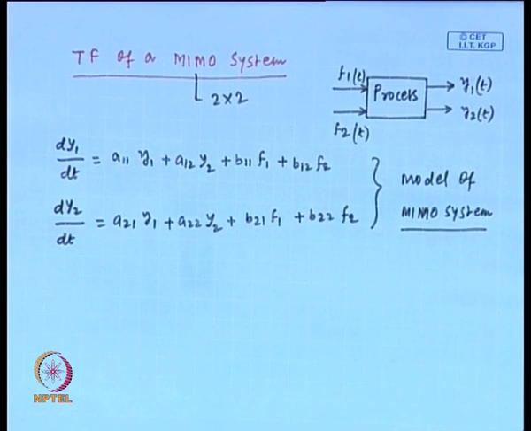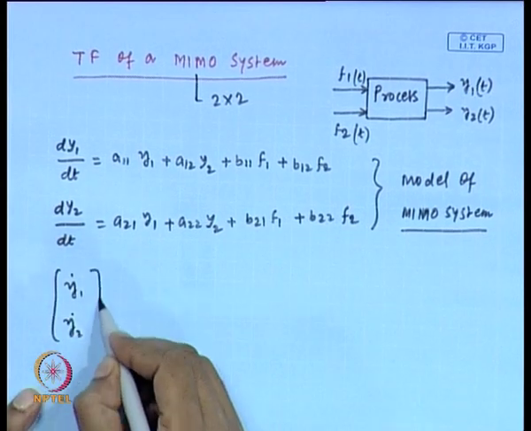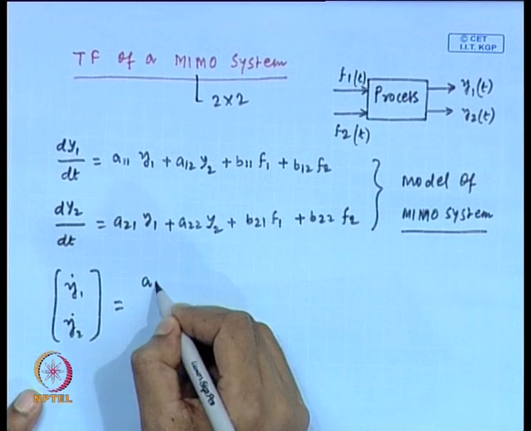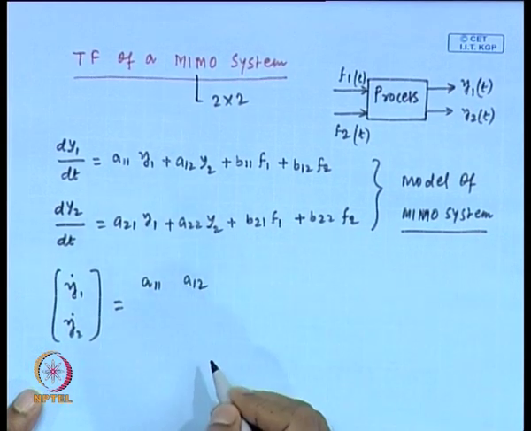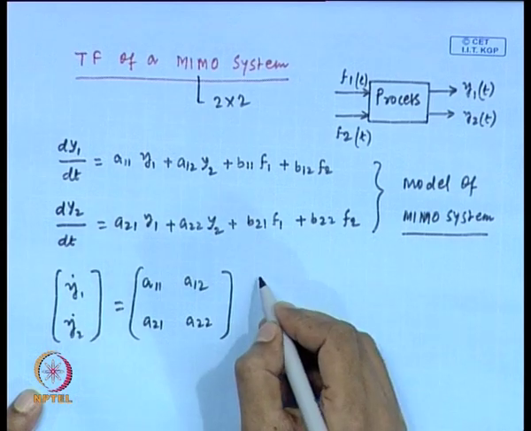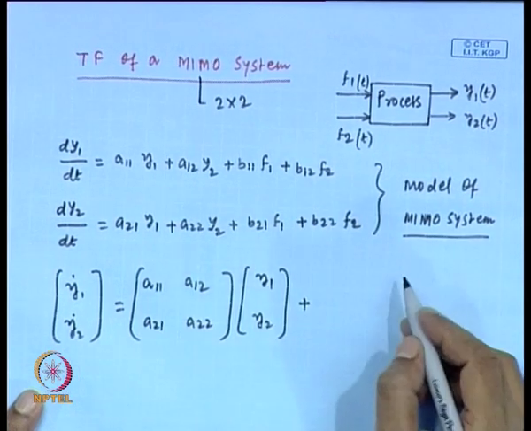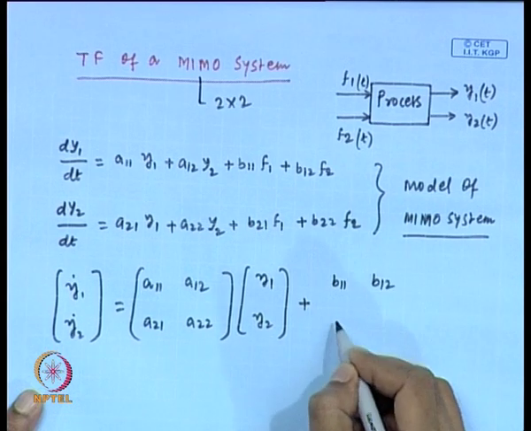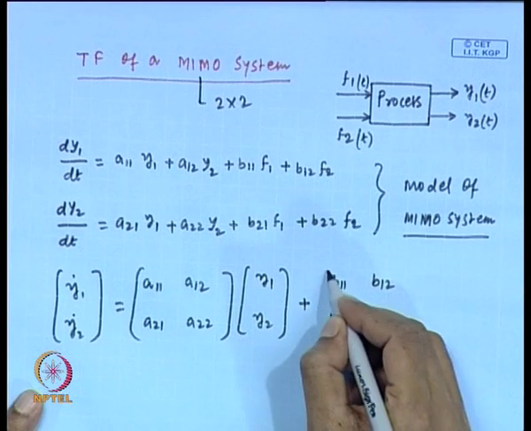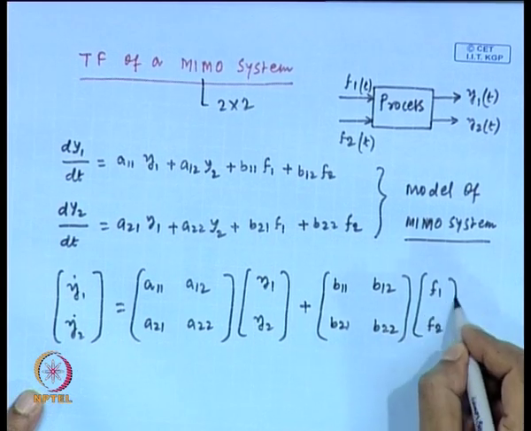We can represent these two modeling equations in matrix form, and that is represented in this way, equal to the matrix A11, A12, A21, A22 multiplied by Y1, Y2, and another matrix for input, B11, B12, B21, B22, multiplied by F1, F2.